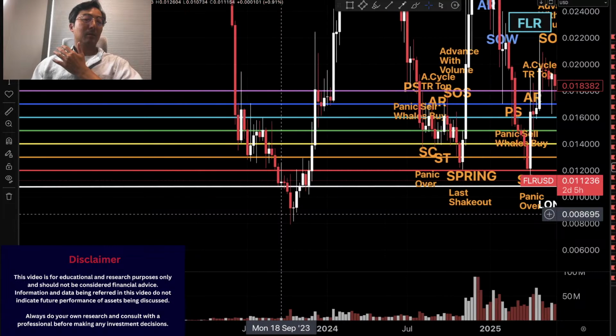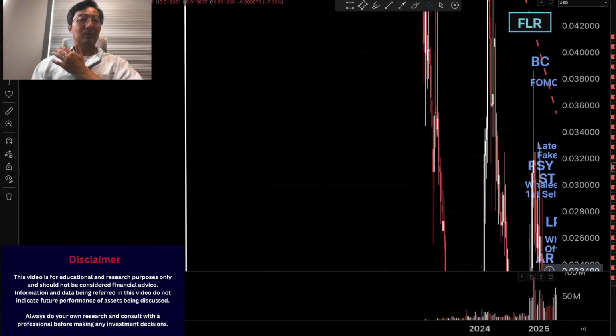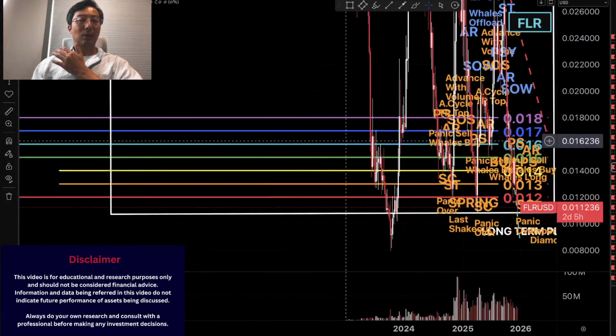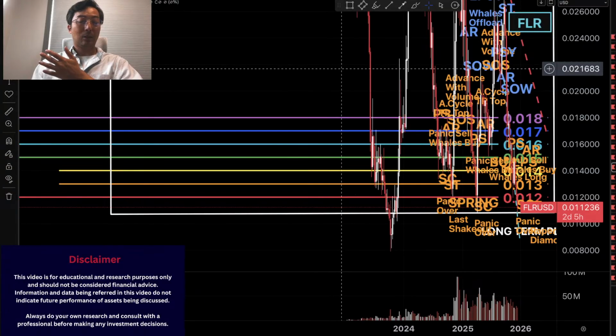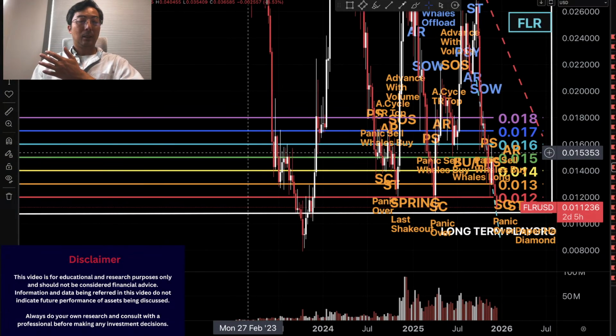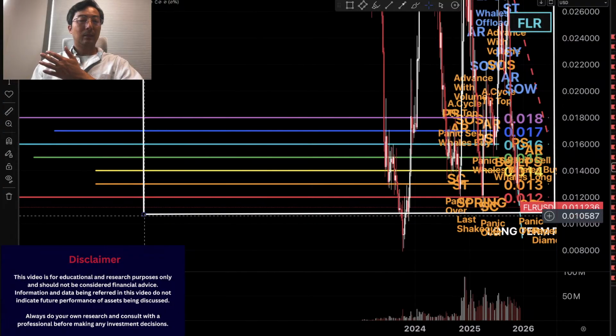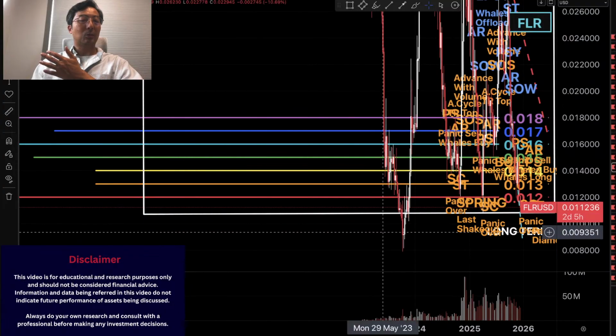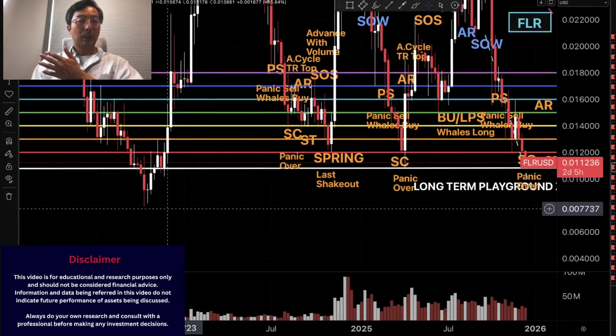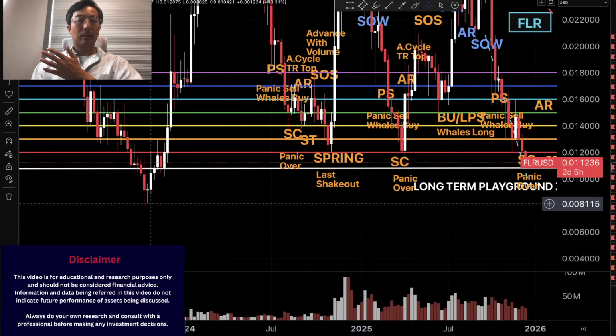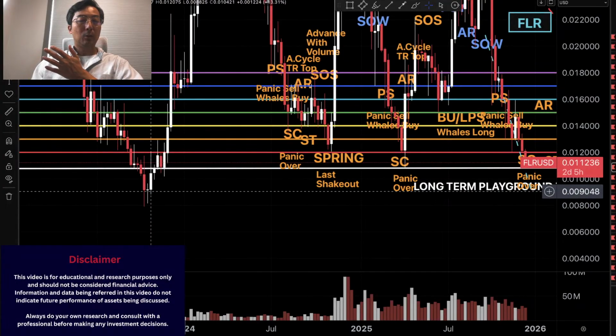The difference is that it's still kind of young. This chart at least started somewhere in 2023. It did not have something back in 2020. So the lowest point back then was at around 0.008, but the U-turn point was 1 cent 12.